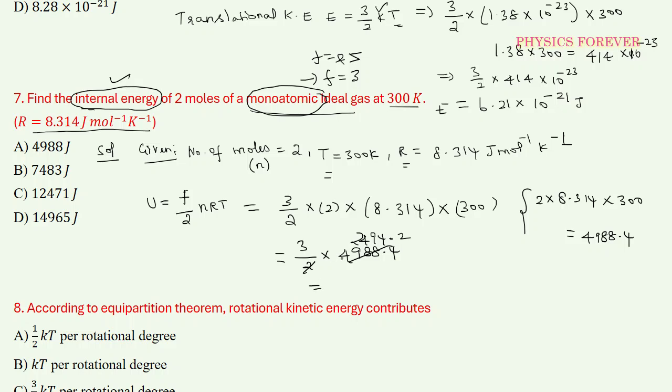Just we have to multiply, then we get the answer 7,482.6 joule. This is the internal energy. So what is the answer? We approximately take it as 7483 joule. So option B is correct.